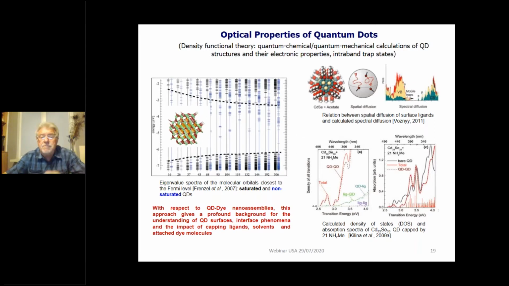Nowadays, theoretical calculations have shown that indeed between the valence band and the conduction band there are a few inner-lying states which belong to the trap states of the quantum dots. The formation of these trap states depends on the quantum dots themselves and on some organic molecules attached to the quantum dot surface.